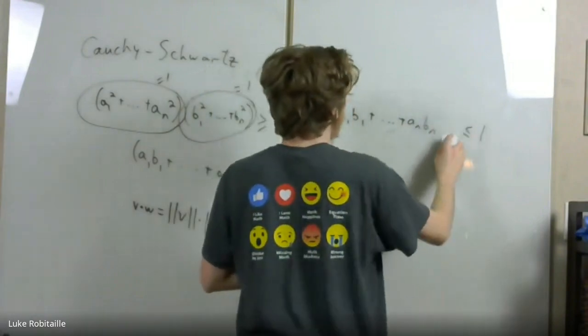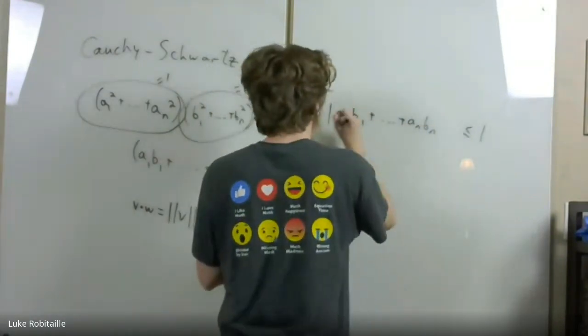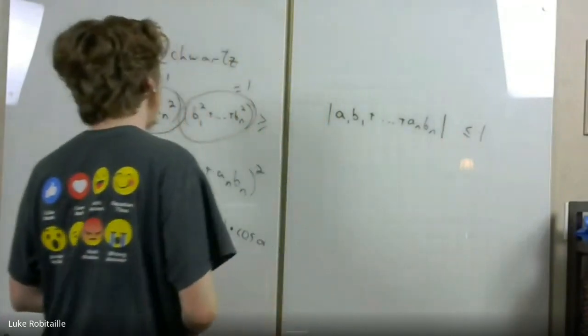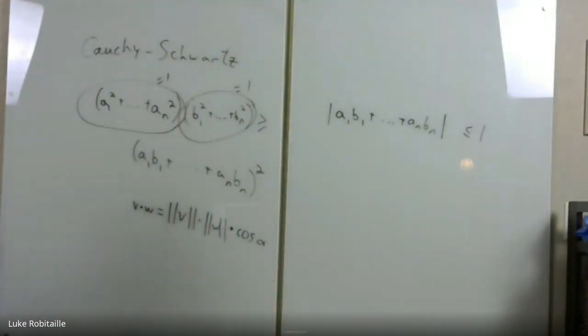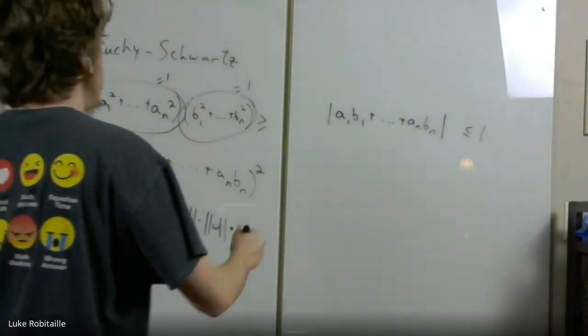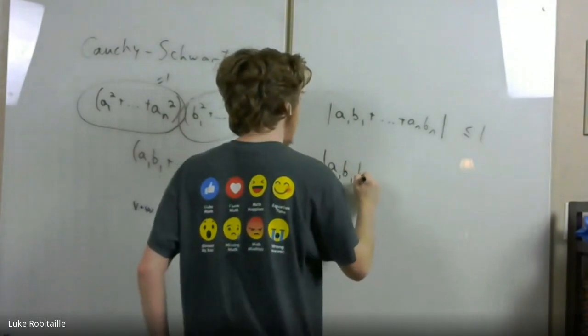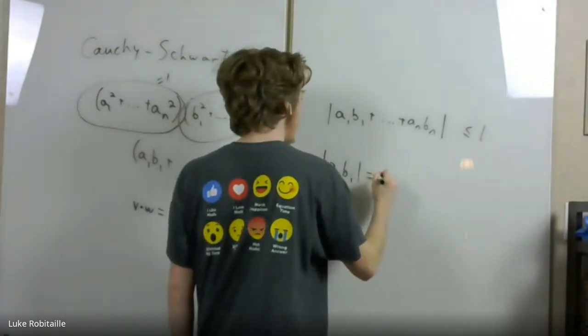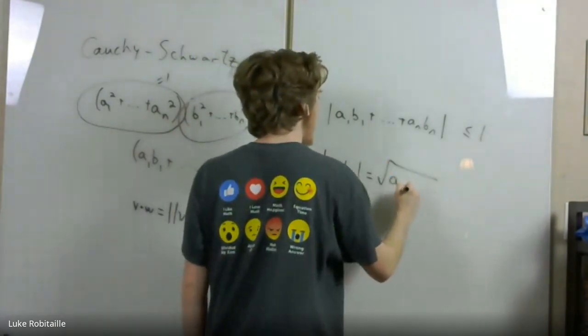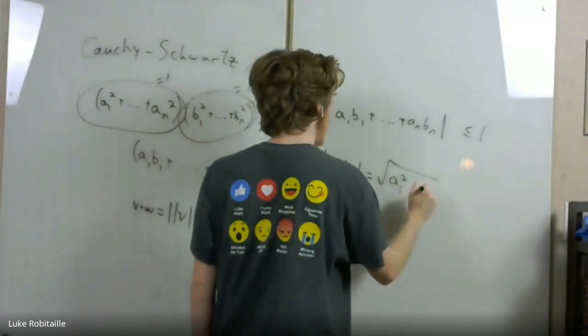I want to just write this, and now you can again do it term by term. The absolute value of a_i times b_i is at most the geometric mean of a_i squared and b_i squared.